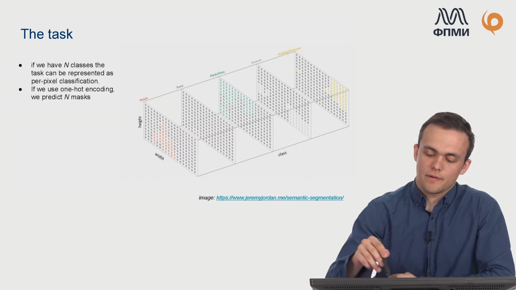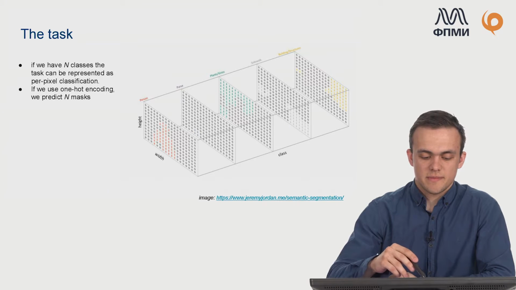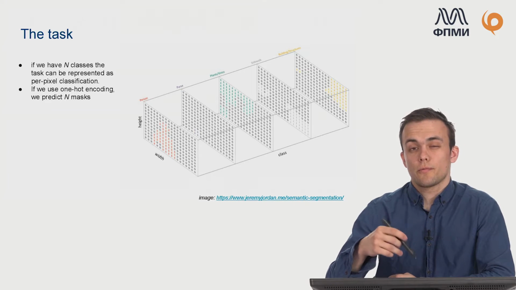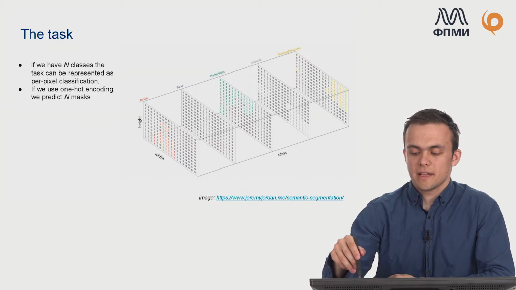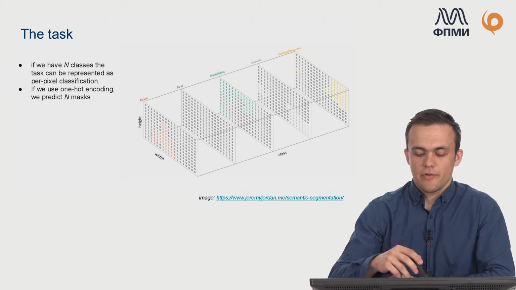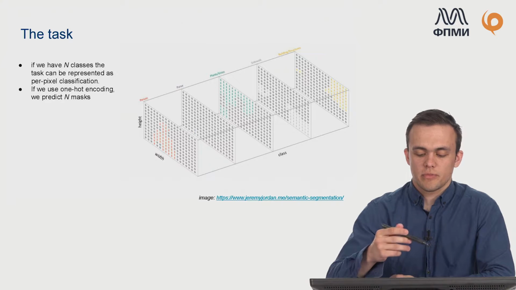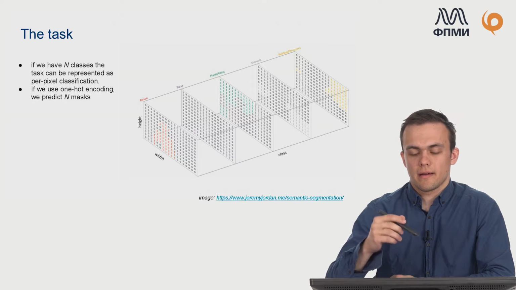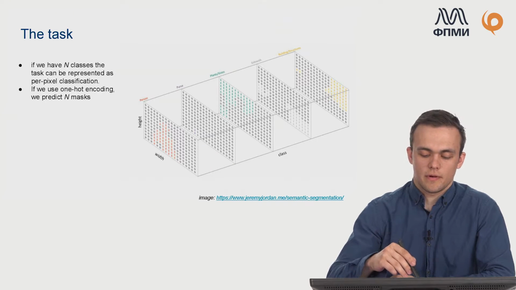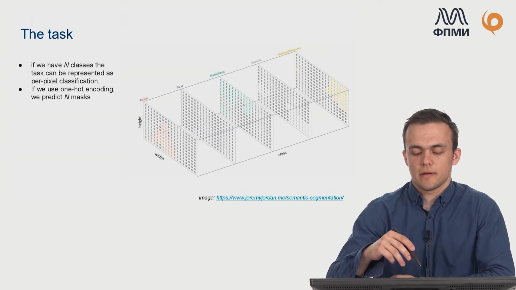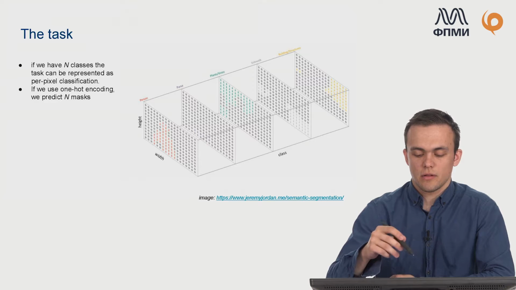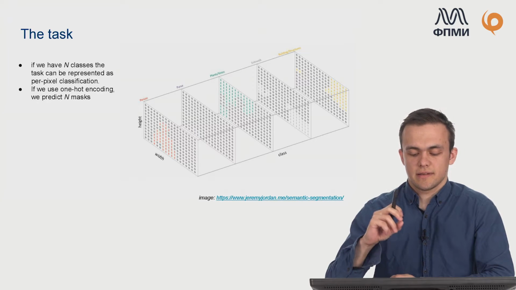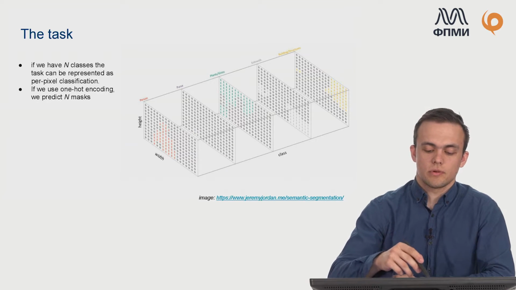And we have several of these maps; for example, if we have n classes, we will have n of these maps. And every map is determining something like the probability, according to the model, that the class of the particular pixel belongs to every class.